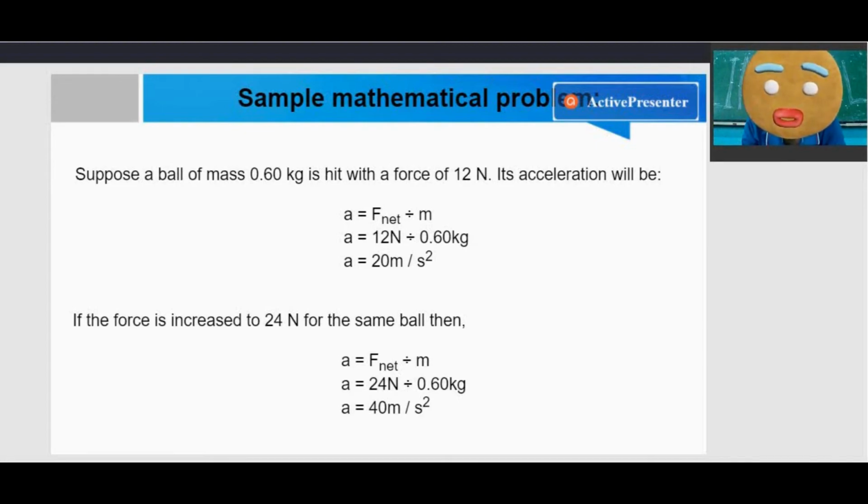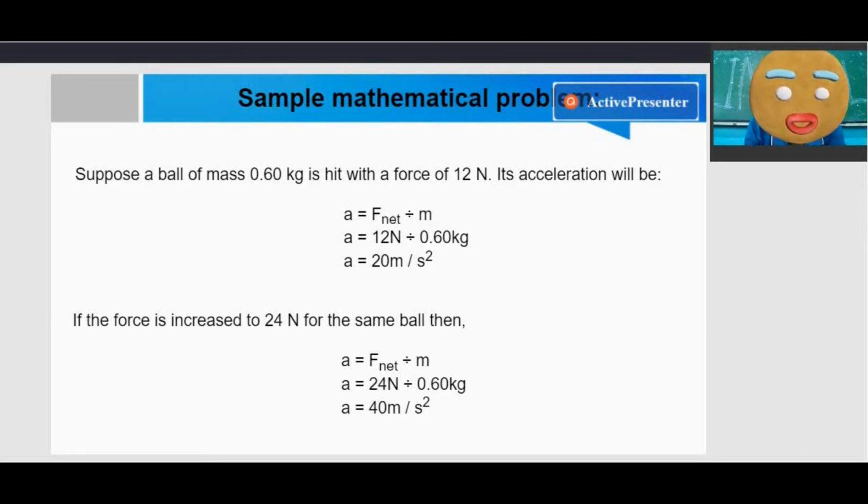The F net is 12 newtons and the mass is 0.60 kilogram. So 12 newtons divided by 0.60 kilogram, we have 20. And then we put the unit of acceleration, which is meter per second squared. Okay, that's why A is equal to 20 meters per second squared because it's an acceleration.